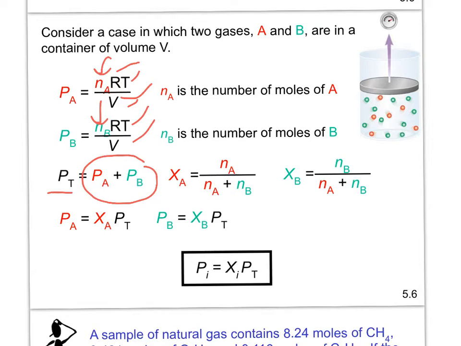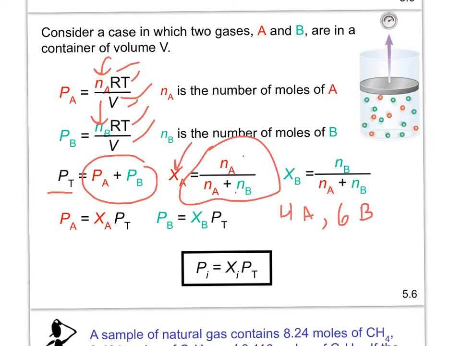The other way you could do this is to calculate what's called the mole fraction of each. That's what x refers to here, even though it looks like a fraction, doesn't it? What it means is the part over the whole, so basically it's the decimal of the moles of the individual gas. For example, if you had 4 of A and 6 of B in a container, the partial pressure of gas A could be figured out in a couple of different ways.